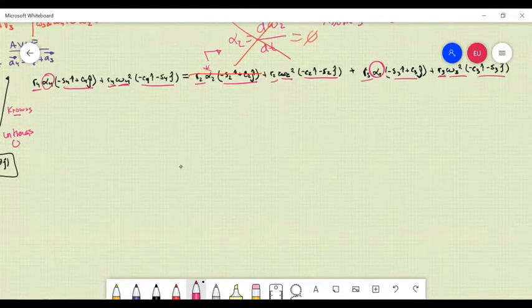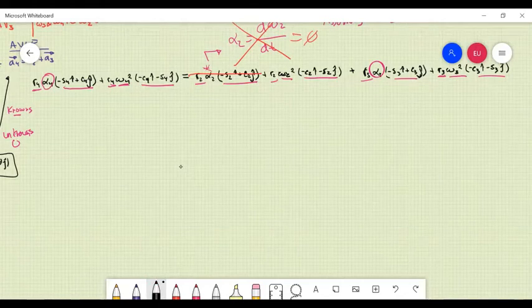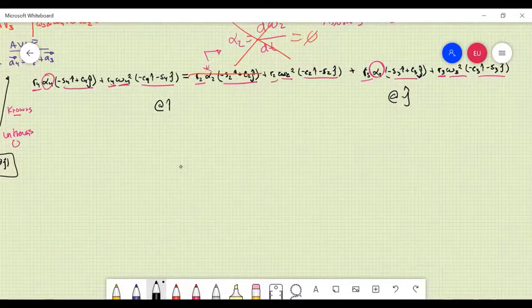Let's split this into vertical and horizontal components, whatever happens at I and whatever happens at J. If I do that, I'll have here R4, alpha 4 minus, yeah, this comes from this minus here.